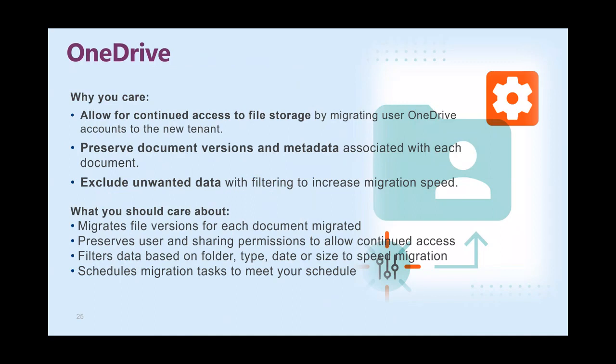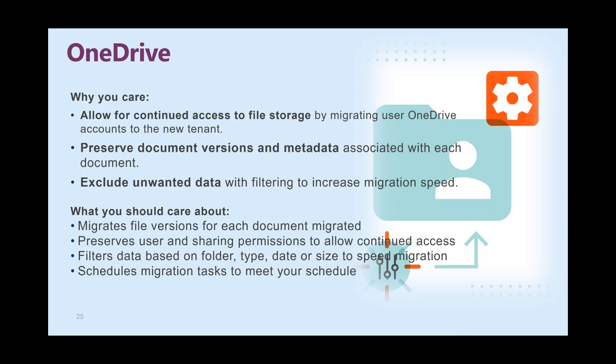OneDrive, next workload. Here, with this tool, you can, on the one hand, migrate files from one tenant to the other tenant. But the tricky thing is you can also choose if you want to migrate all versions, or you don't want to migrate any versions, or you just pick the version numbers. And it's important to check: do you really want to migrate all the permissions?